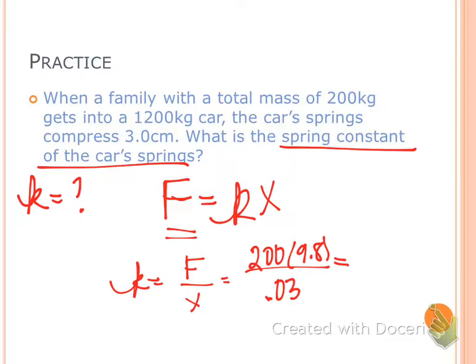Okay, Andrew, what'd you have? 65,000 what? Good. Do we all agree there? Good. Okay, does it make sense why we're not taking the value of the car?